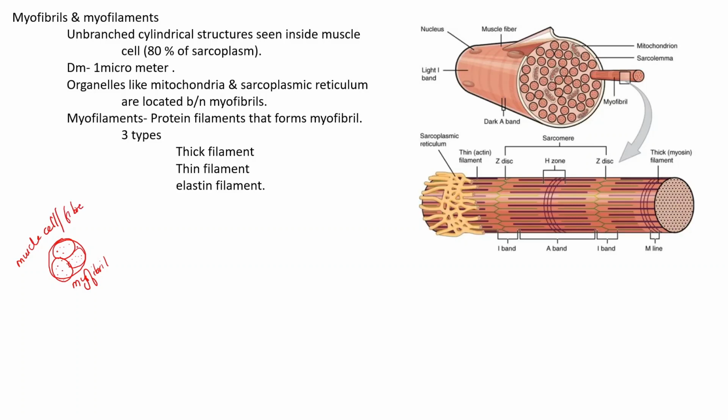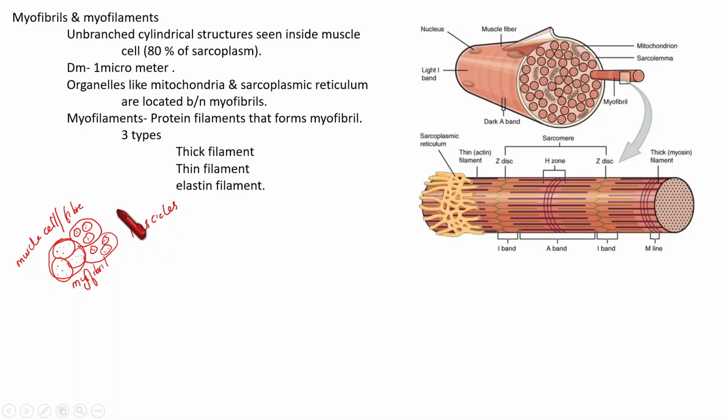We know that cells together form tissue. So I am going to draw more muscle cells, another muscle cell, and as a group, the muscle cells form the muscle tissue. What's the name of that muscle tissue? Fascicles. And so many such fascicles together form the muscle.